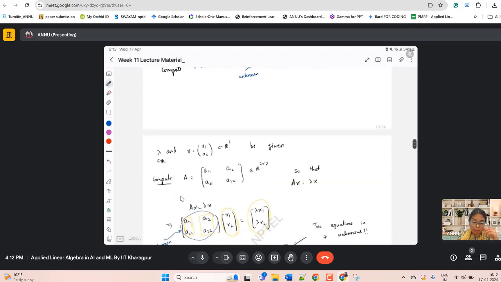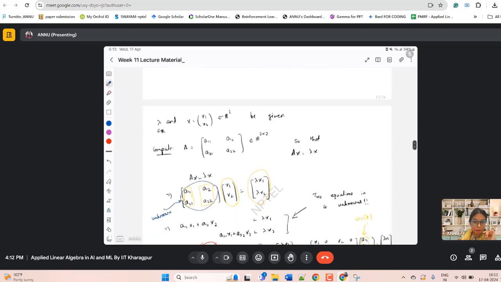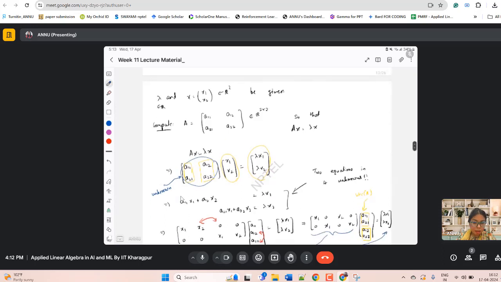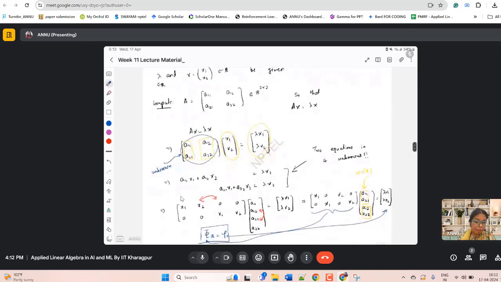If lambda and x are given, you want to compute A, where the entries are a11, a12, a21, a22, so that Ax equals lambda x. That gives two equations and four unknowns. That will be different.